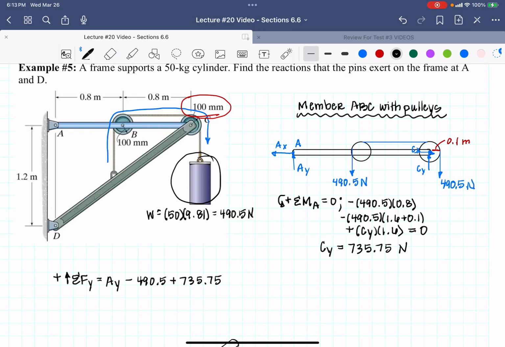And then I've got the other 490.5 going down. That gives me that A of y is positive, so I assumed correctly, and it is 245.25 newtons. So that's part of my answer.